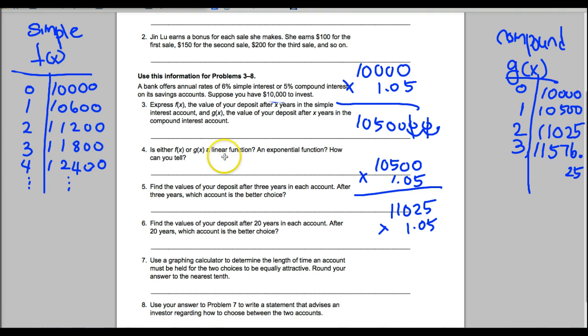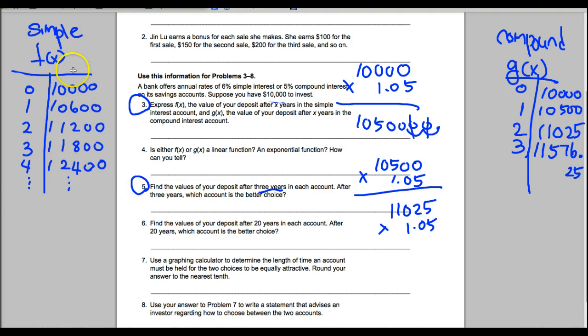Okay, so then, by accident, because we had to create our table in order to get the equation for number 3, we actually answered question number 5. It says, find the values of your deposit after 3 years. After 3 years, which account is the better choice? And so the answer for number 5 is what?